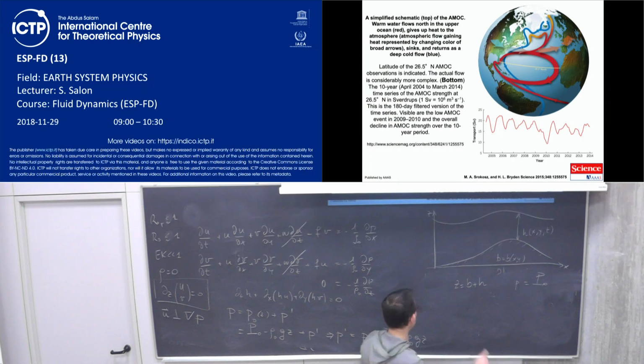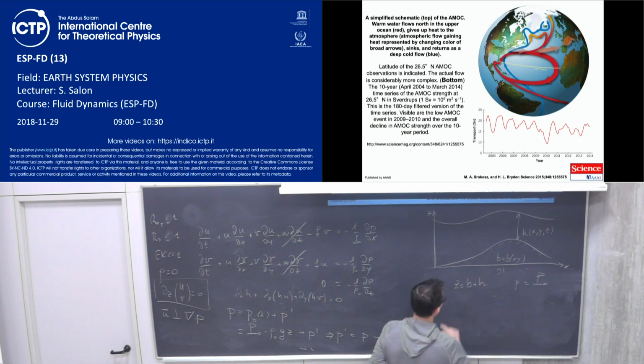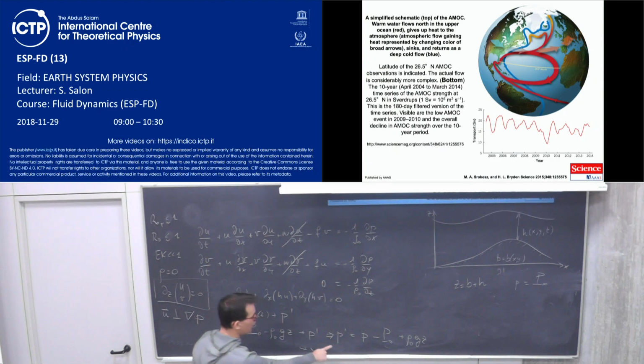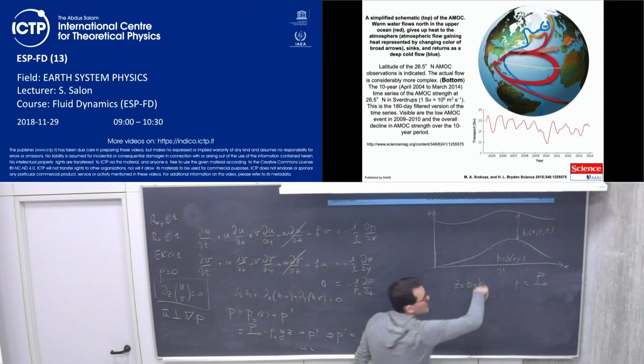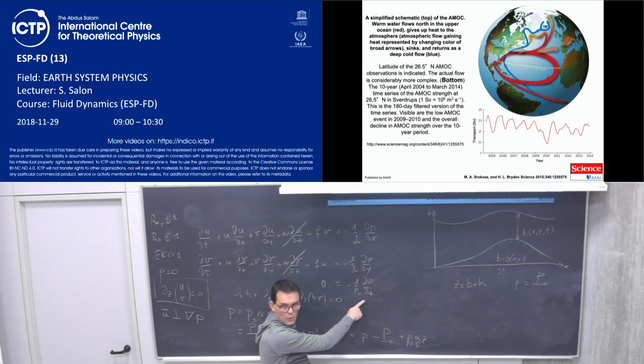So the total pressure P at the surface of my fluid, at that vertical position B plus H, is equal to P0. So I can solve for P prime, since it is constant along z. A value that I have here will be the same along z, because my third momentum equation says exactly that.